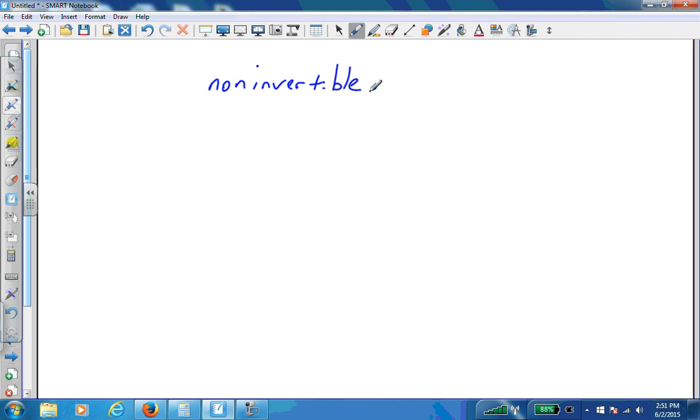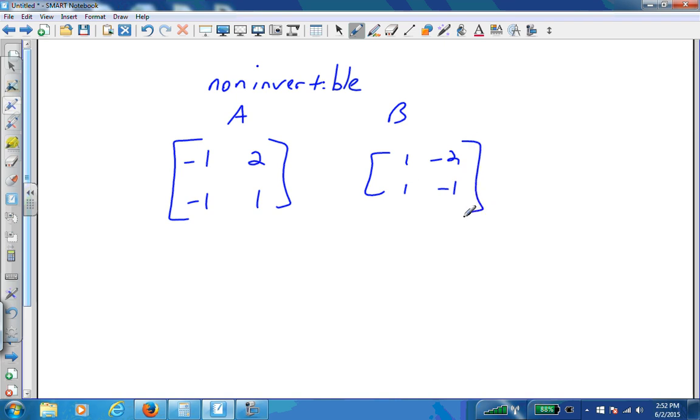So let's see. Let's take two matrices and let's show that they are inverses of each other. So let's take that matrix A and this matrix B, and let's demonstrate that those are inverses. So let's do A times B. We're going to take row times column, so -1 plus 2 is 1.